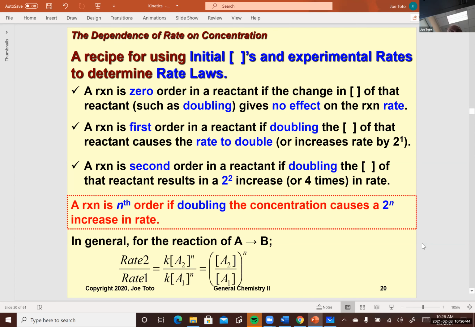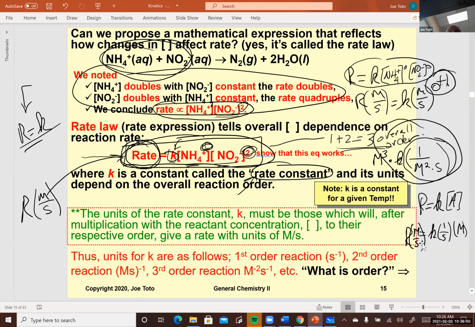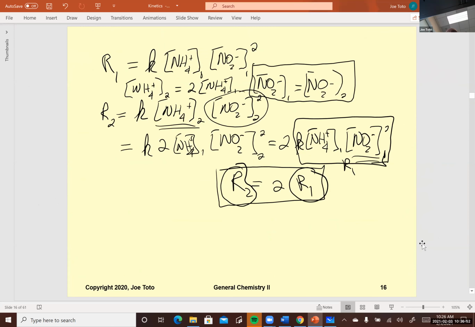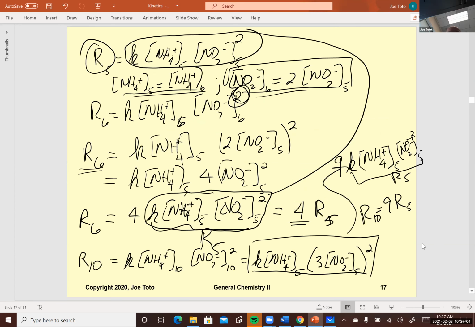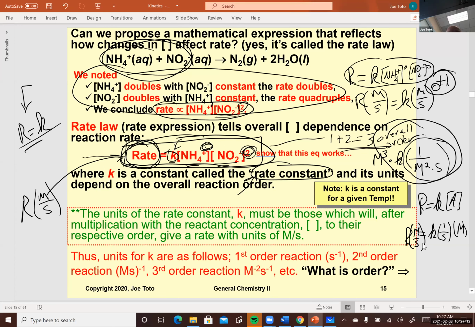So we can see that, and back here we took a look at what happens when you double the concentration of a reactant that has a second order effect. We did that right here. Well, the rate increases by 4 times. And we proved that with the math.